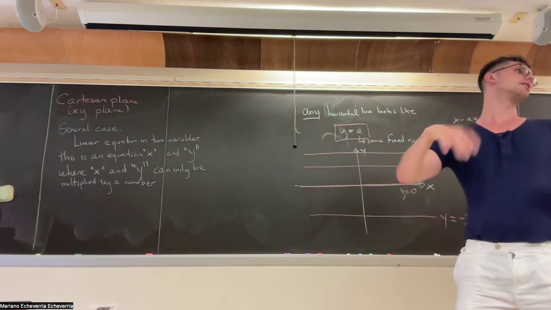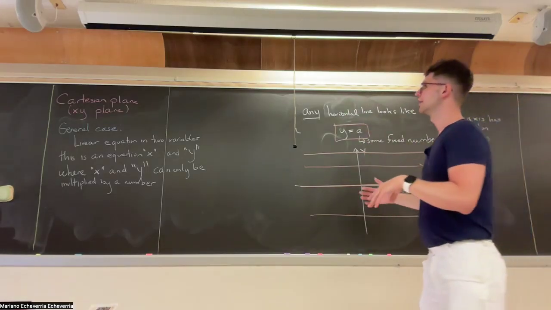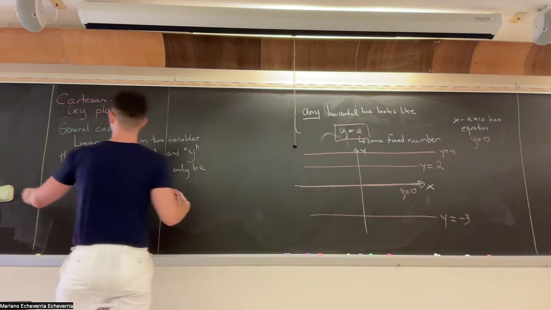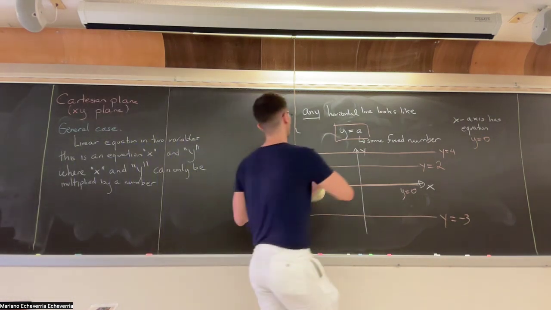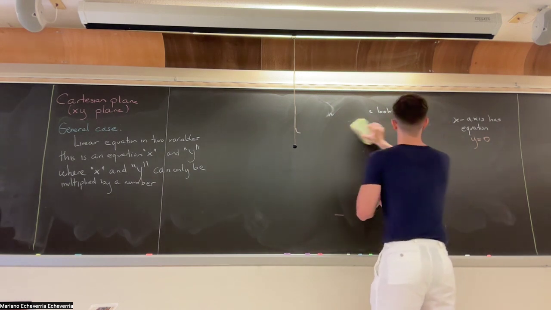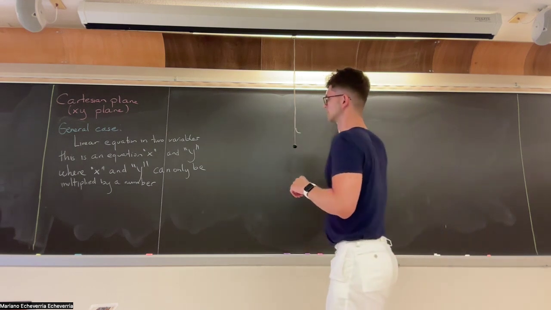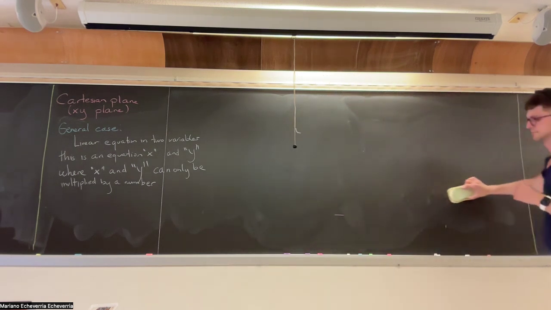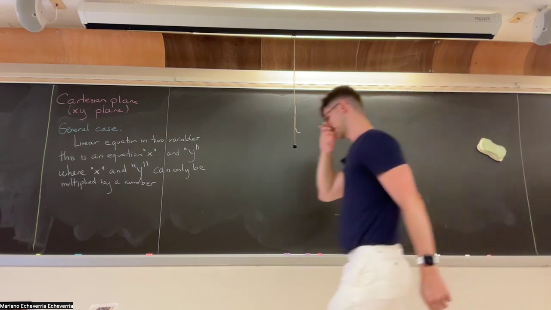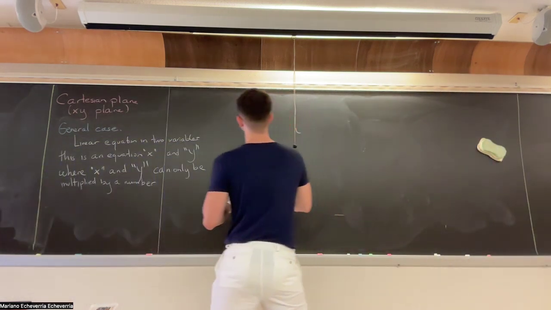So it's good as before, let me write a list of things that would be called linear and things that wouldn't be linear. Here's a list of linear equations.